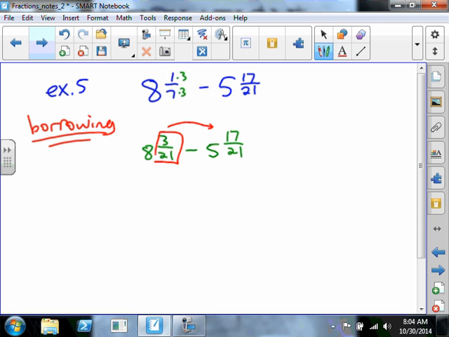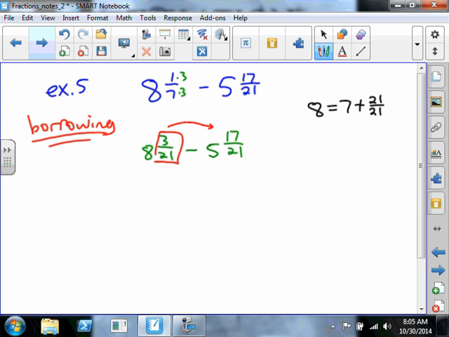So we can't subtract the wholes yet. And this is where people don't like this. You have to kind of be able to think outside the box again. 8 is really 7 plus 21/21.